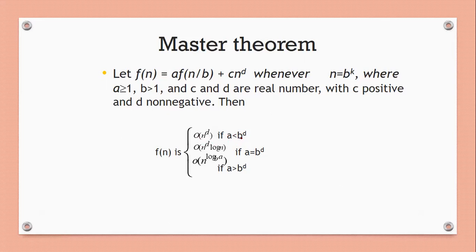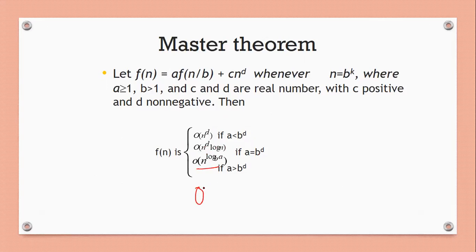Suppose we are given all the values. If a is less than b power d, then our time complexity will be order of n power d. If a is equal to b power d, then the time complexity will be order of n power d log n.